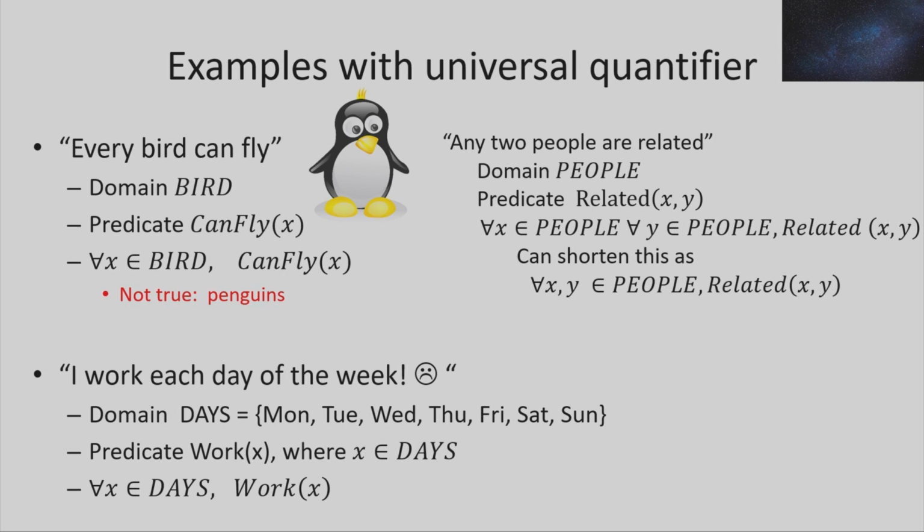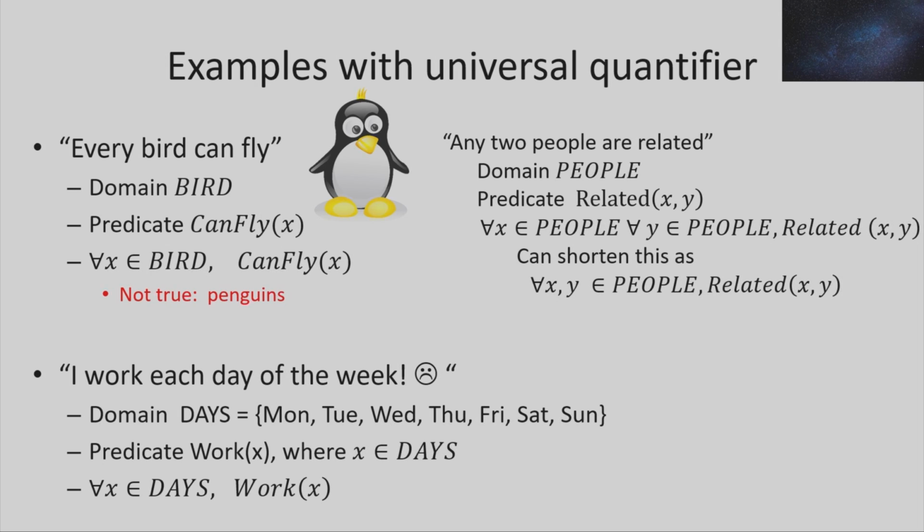Any two people are related. Okay, now our domain is people. Our predicate is related, and related is a predicate that takes two parameters, not one. And because we don't want those parameters to be the same, we will give them different names.